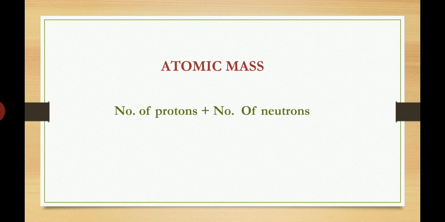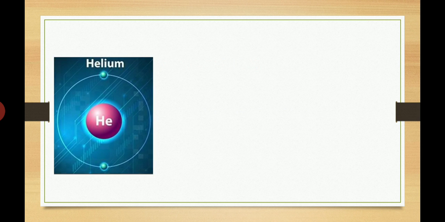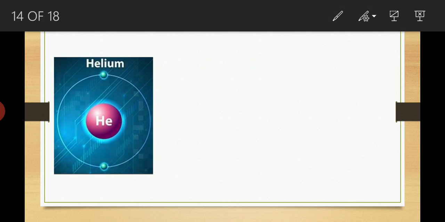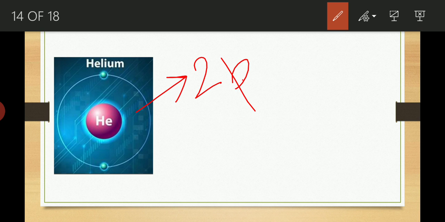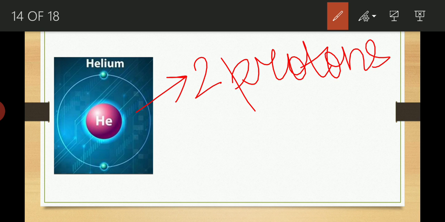So let's take an example. Let's take the example of helium. Helium is an element which is present in period 1 of the periodic table. Helium has 2 protons. So that means 2 is its atomic number. Why?